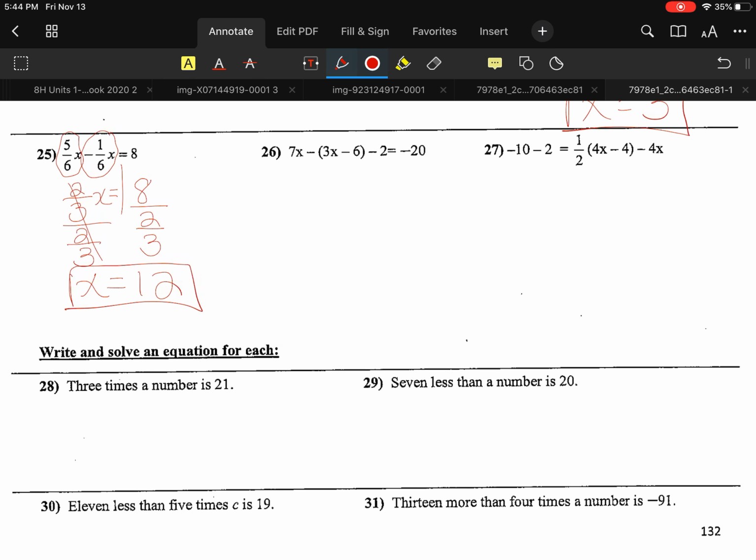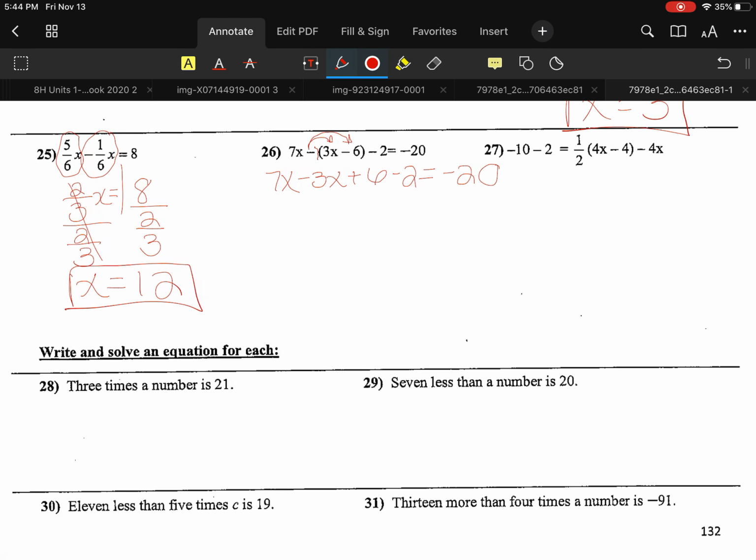Number 26, there's a negative in front of the parentheses. I have to get rid of the parentheses before I can do any sort of combining or getting my variable alone. So I'm going to start by sneaking that 1 in. Negative 1 times 3 is a negative 3x. Negative 1 times a negative 6 is a positive 6. Negative on the outside changes the signs on the inside. 7x comes down, minus 2 comes down, equals negative 20.